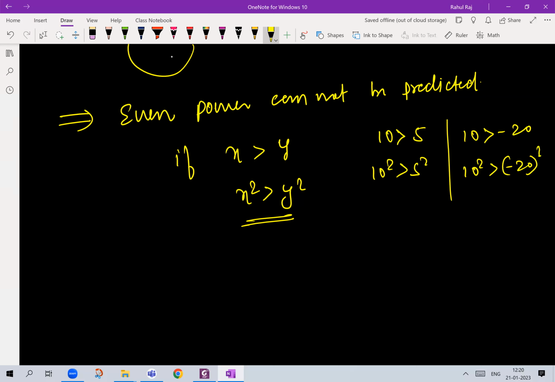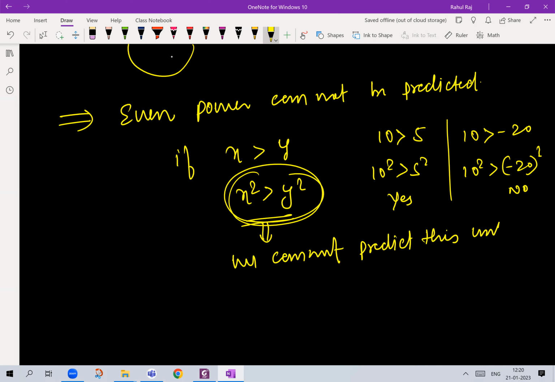So if it is given in variable terms that A is greater than B, we cannot predict that A square is greater than B square, until we are sure about the values of x and y. Simple logic. How the problem will be asked, I'll tell you. Let me first tell you all this stuff.